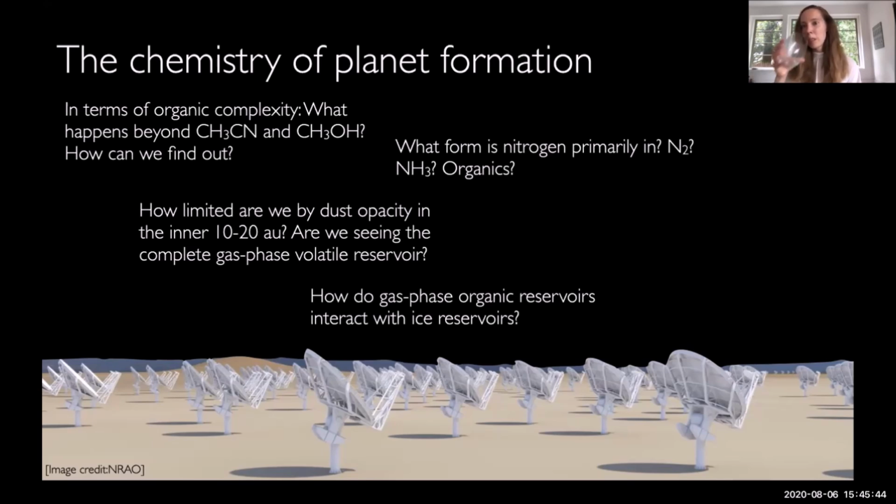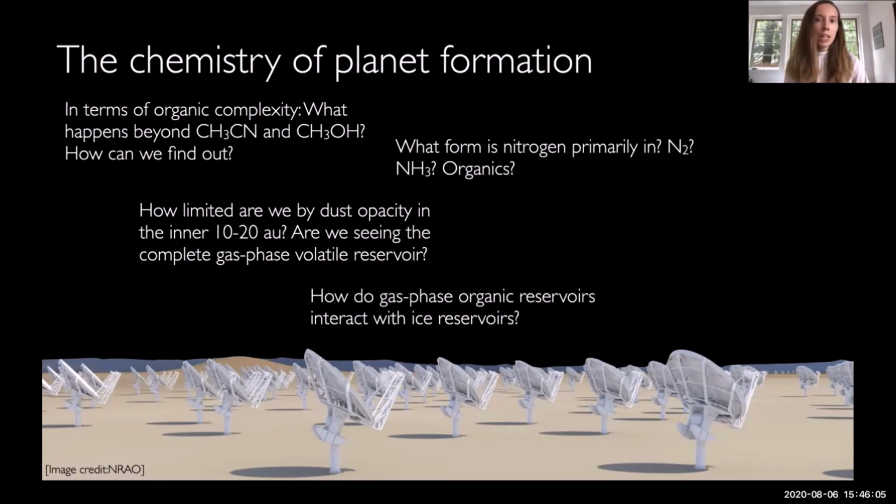All right. You mentioned that ALMA will probably not be able to help us answer the final questions. What kind of facility will be needed in the future to help us answer these questions? So it's a combination. If we're thinking about dust opacity and ammonia, centimeter astronomy is obviously where we would want to go.